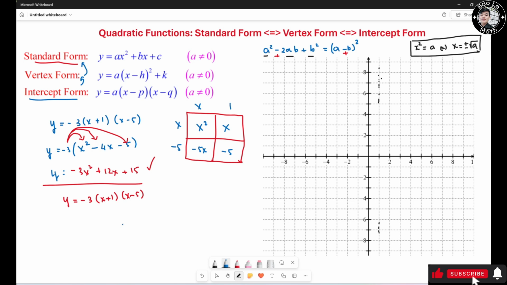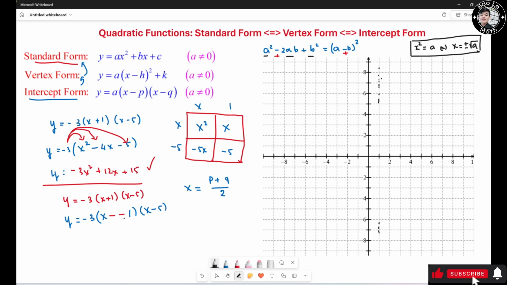We know that if you're given the intercept form, the axis of symmetry is s equals p plus q divided by 2, right? In this situation, p is negative 1, because you have the plus sign right here, and the formula has a subtraction sign. So I just write the plus sign as two negative signs. So this one can be written as y equals negative 3 times s, right here the plus sign becomes two negative signs, and then 1 right here, times s minus 5.